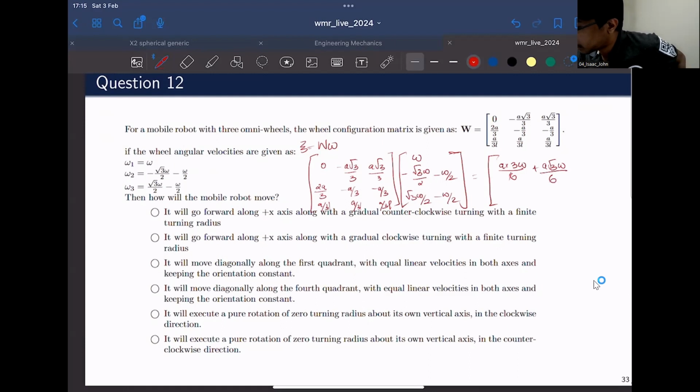I hope I'm correct. A times 3 omega by 6, then plus a root 3 omega by 6, right?